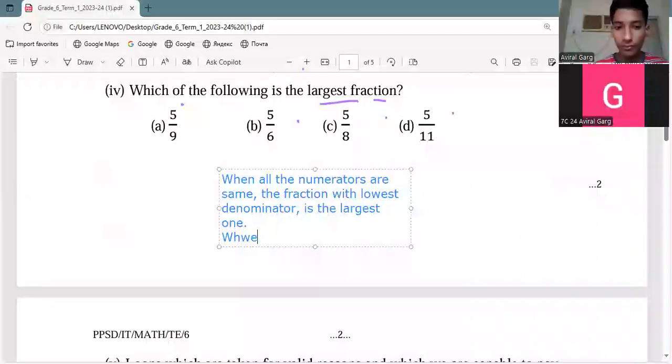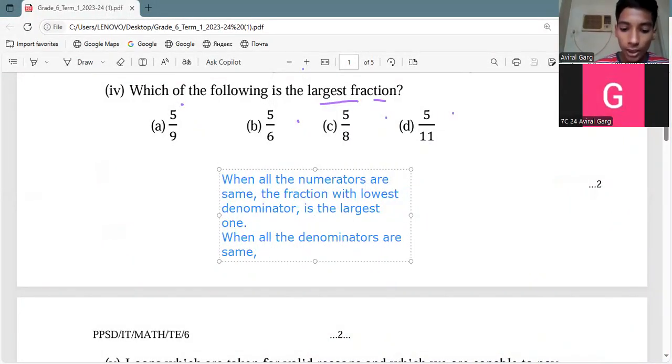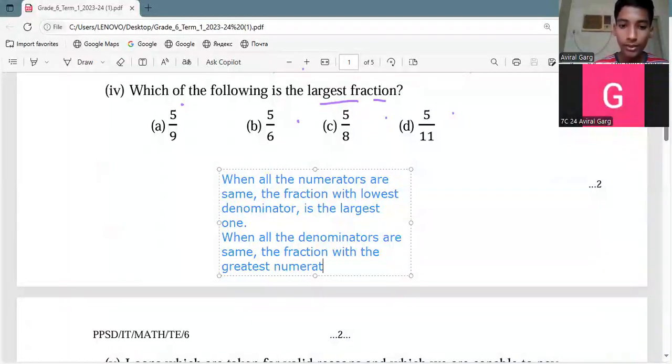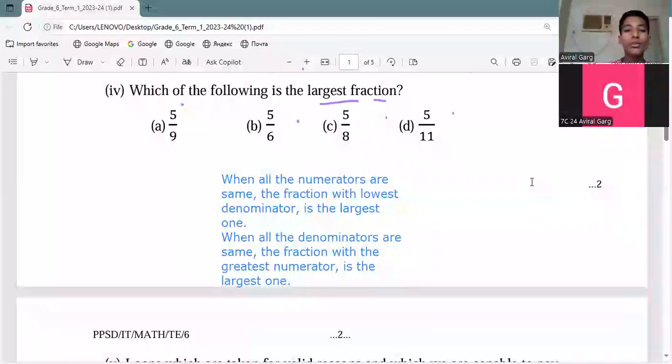When all the denominators are same, the fraction with the greatest numerator is the largest one. I want you all to note down this statement in your notebook.